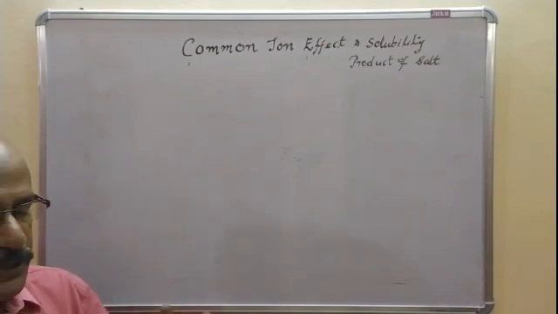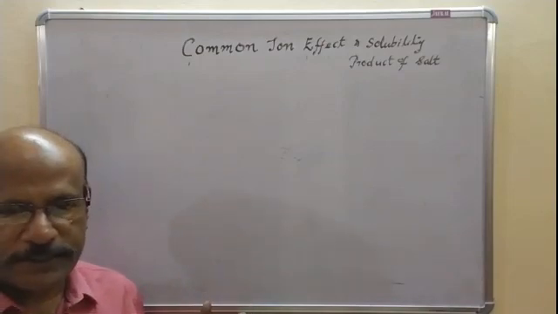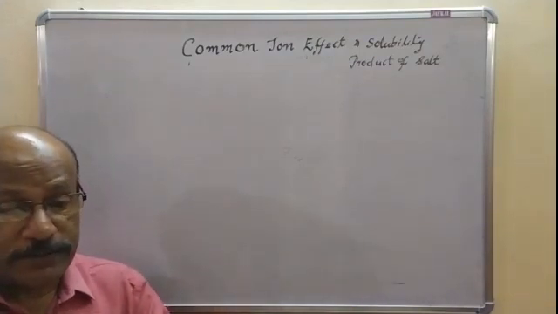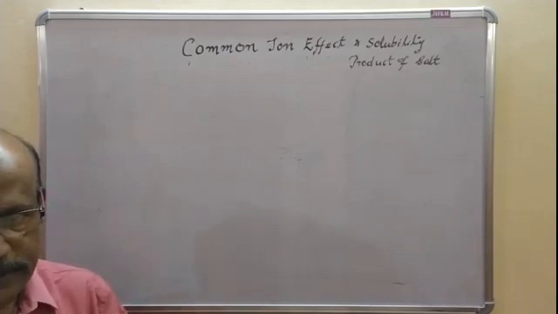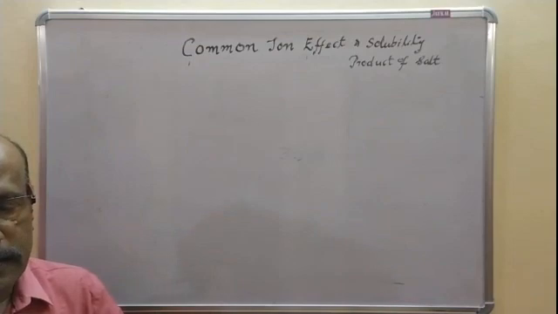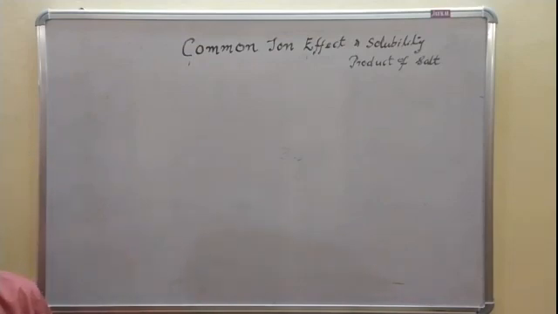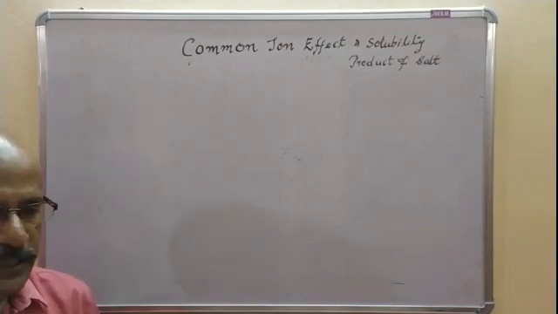The equilibrium shifts towards the left, that is, more undissociated weak electrolyte is formed in order to keep K constant. That means the extent of dissociation of the weak electrolyte is considerably suppressed.